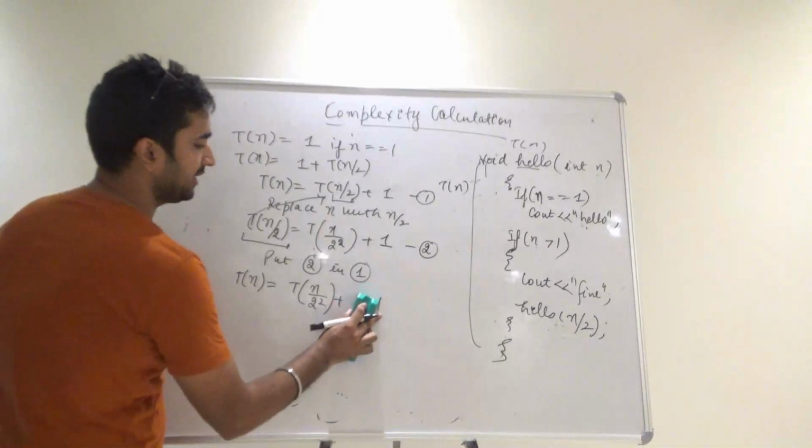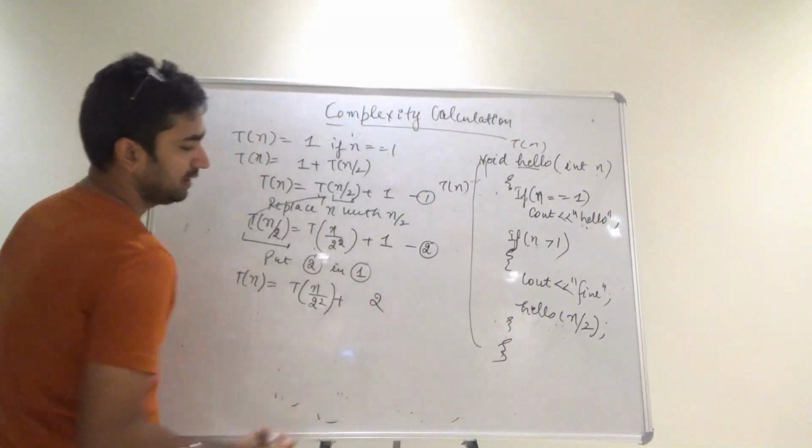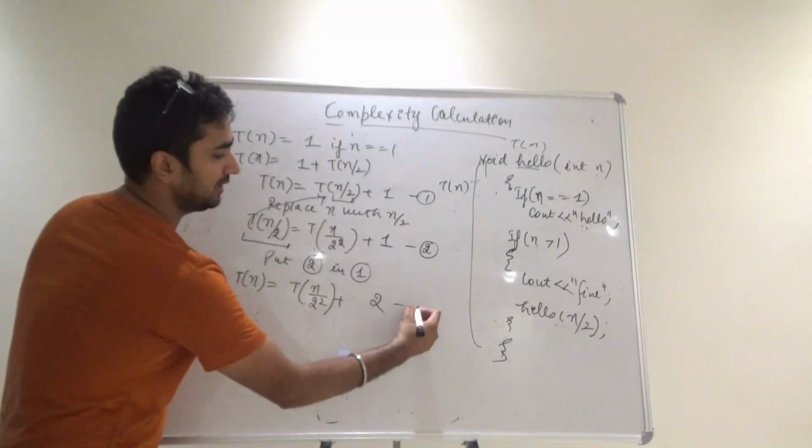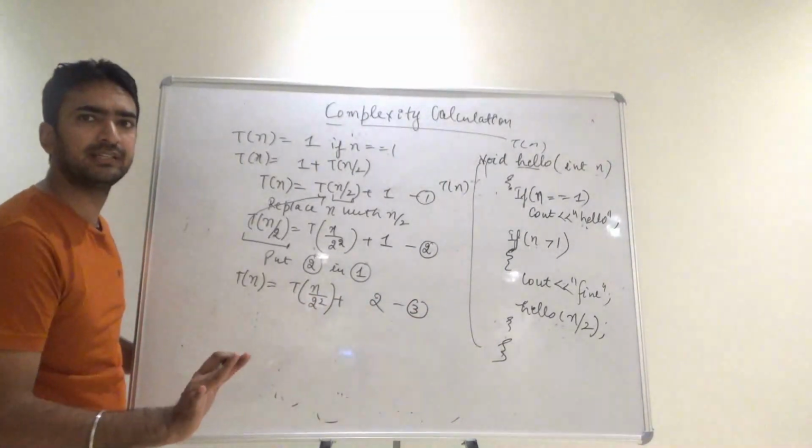So, I can easily write it as 2. Guys, just see this thing pretty clearly. This is my 3. Again, understand from 1 and 3.